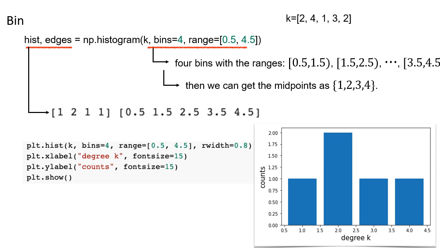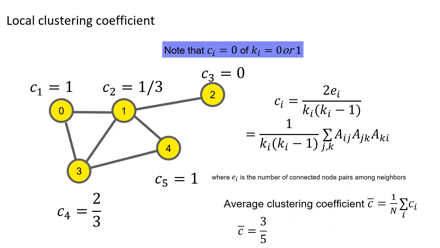So k equal to 1 has a count of only 1, and in this range the middle is 2, so 2 appeared twice, and it gives a histogram like this. So you can get the histogram of this degree distribution. Okay, that is your degree distribution.